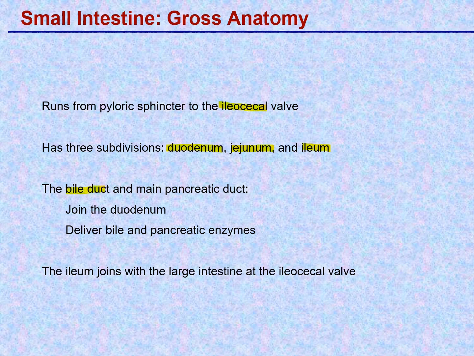They are the bile duct and the main pancreatic duct, and they drain into the duodenum. The bile duct delivers bile, and the pancreatic duct delivers pancreatic enzymes. The distal part of the small intestine, the ileum, joins the large intestine at the ileocecal valve.